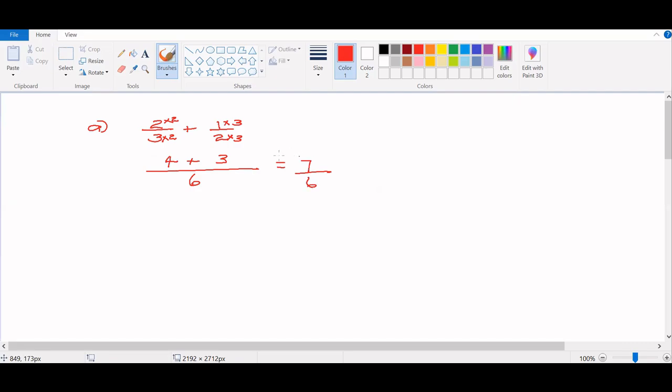Now this is what you call an improper fraction. And it's best that you change all your improper fractions to mixed numbers, right? And I'll show you how I do that. Now, 7 divided by 6 can do so one time. 1 6 is 6.